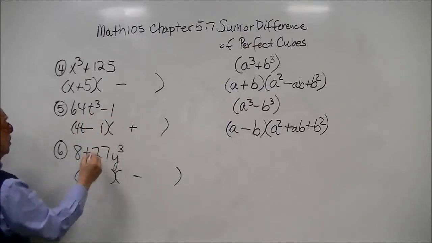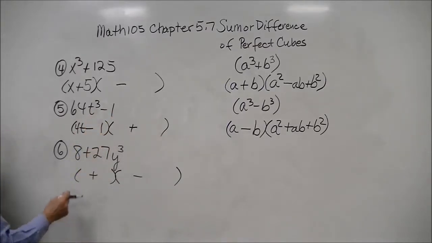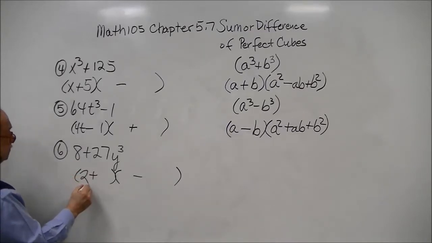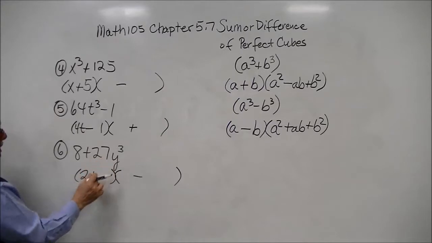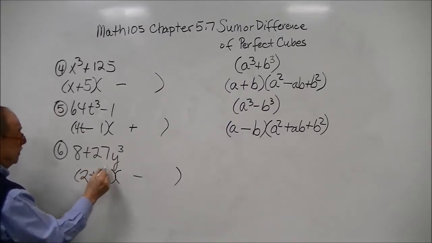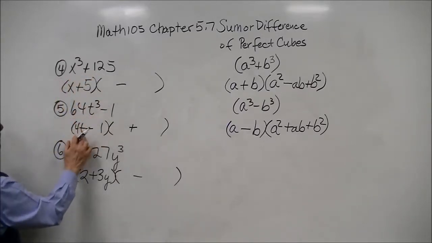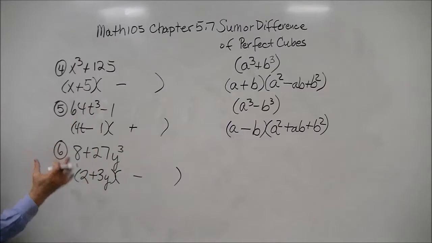Cube root of 1 is 1. Cube root of 8 is 2. Cube root of 27 is 3y. So we've taken the cube root of each of these, and again, we're following a pattern.